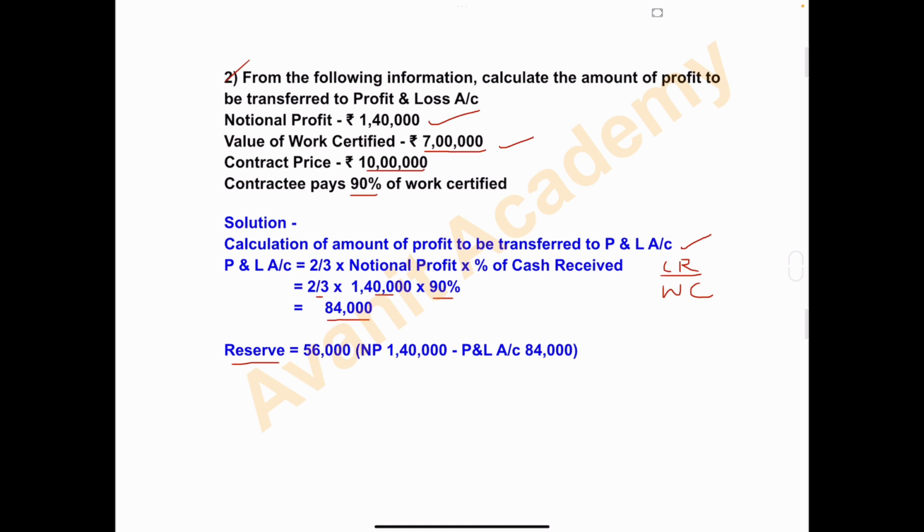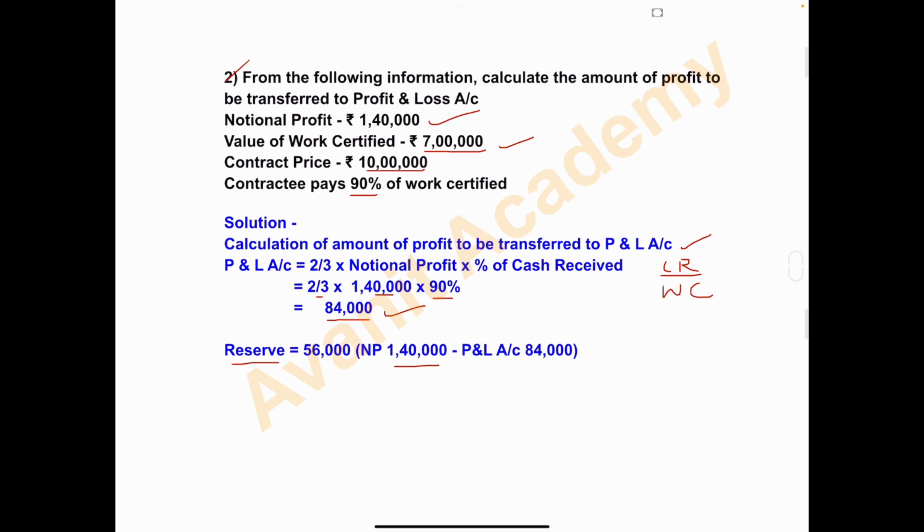So write here reserve. How will we calculate this amount? The total notional profit amount is 1,40,000. I have shown the calculation here. Notional profit is 1,40,000 minus the amount transferred to profit and loss account, which we have just calculated: 84,000.